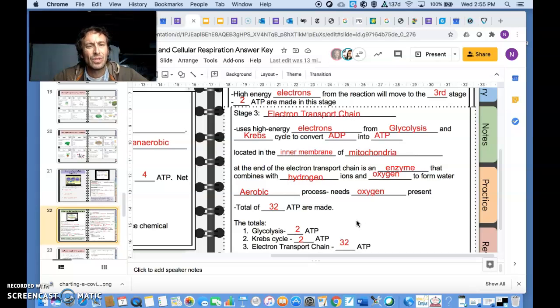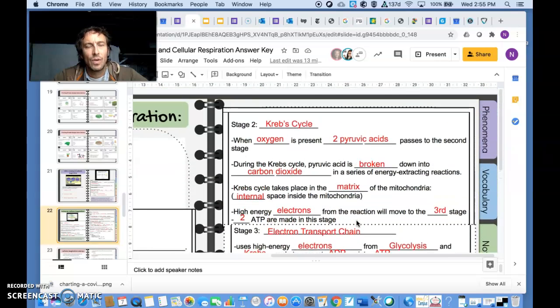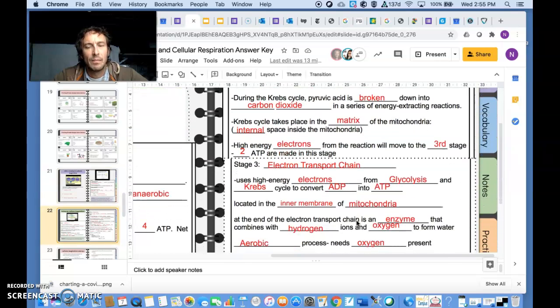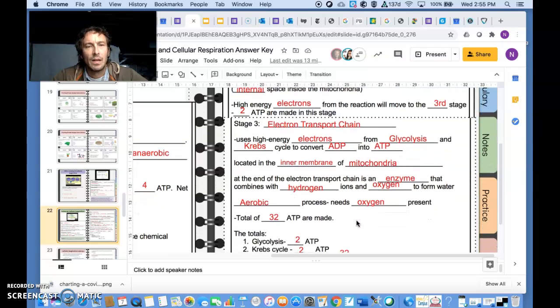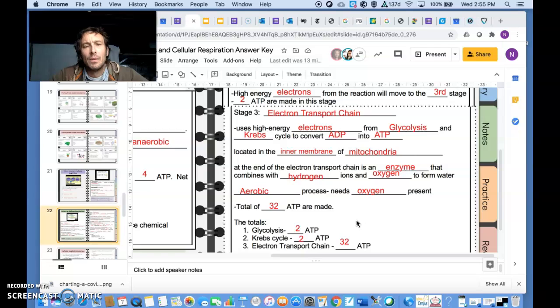So now the electrons that came out of the Krebs cycle, named after one of the people that helped elucidate or bring to light what was going on in those processes, Krebs, right? So now the electron transport chain uses these high energy electrons that came from the Krebs cycle and from glycolysis to convert ADP to ATP. So this is where the majority of the conversion takes place. Again, we're located in the mitochondria when this is happening.